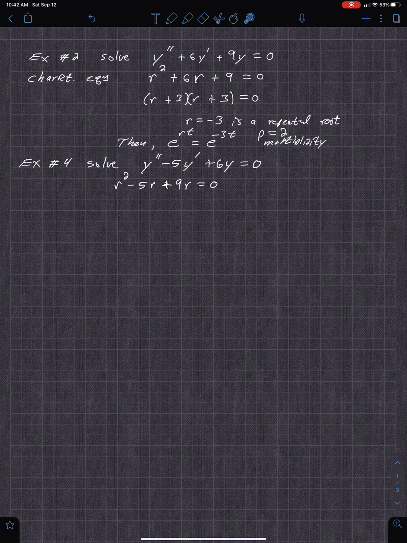Okay, I always like to do this so you see it. Try it. Okay, so you factor it. This one is nice and easily factorable.